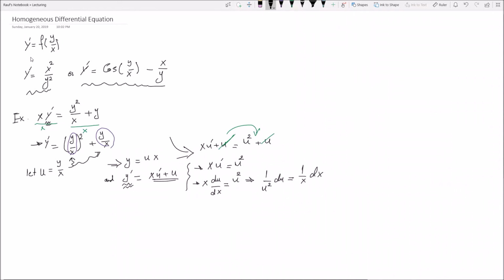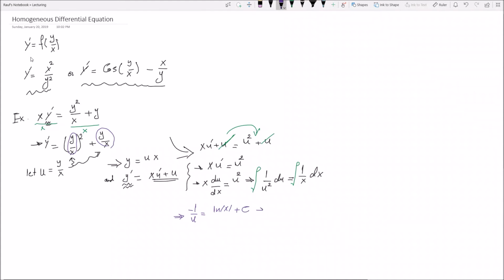Now, in order to get the u value, we integrate both sides of the equation. The result will be minus 1 over u equals ln the absolute value of x plus a constant c.